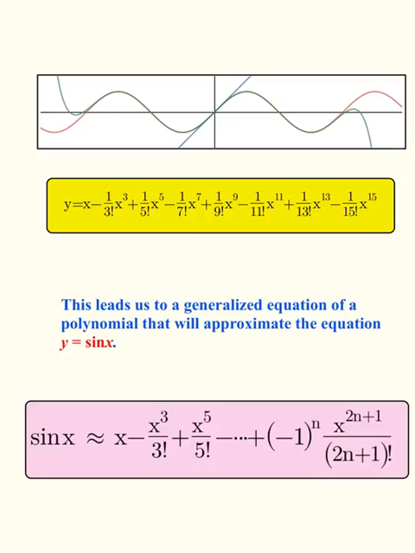Back here is that this is a Taylor polynomial, okay, because there is a definite ending point. We're saying, for example, up here we went to a 15th degree. Well, 15th degree means our n value was 7.